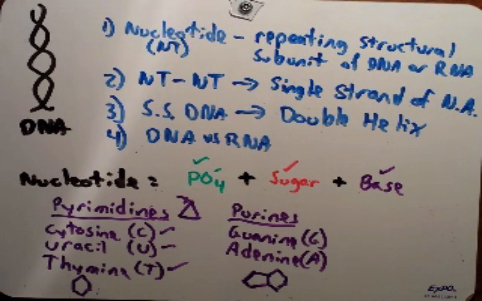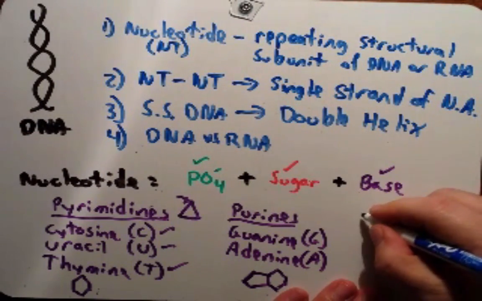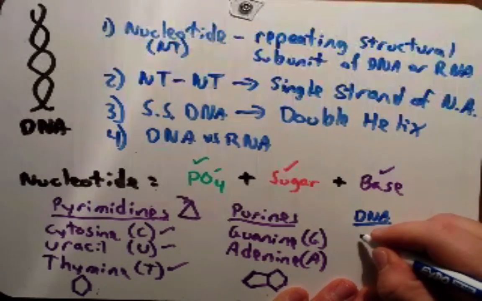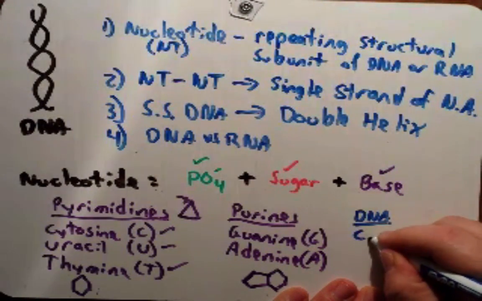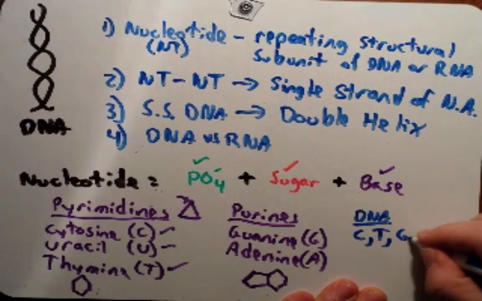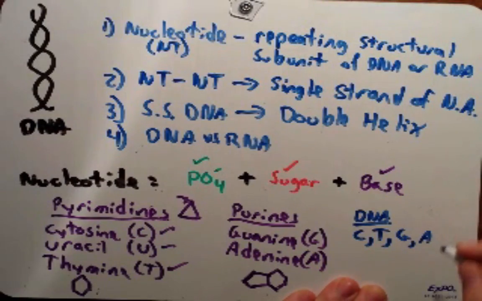One last thing you need to remember about these different bases is which nucleic acid they are found in. So in DNA, you will find the pyrimidines cytosine and thymine, and the purines guanine and adenine.